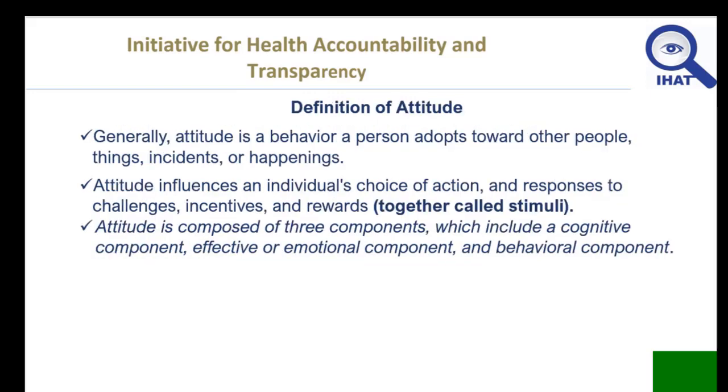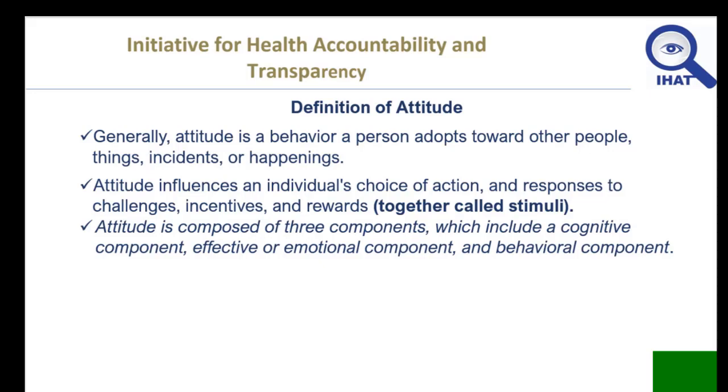The subject of this module is attitude. What do we mean by attitude? Generally, attitude is a behavior a person adopts towards other people, other things, to incidents or happenings. Attitude influences an individual's choice of action and responses to challenges, incentives, and rewards.